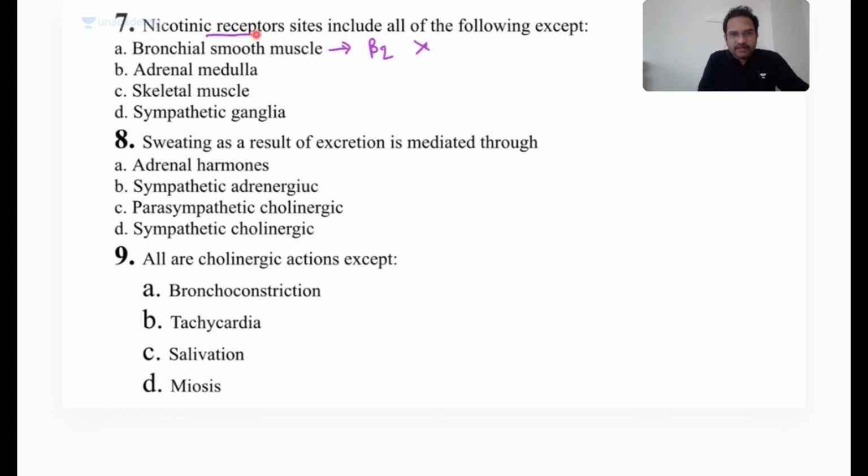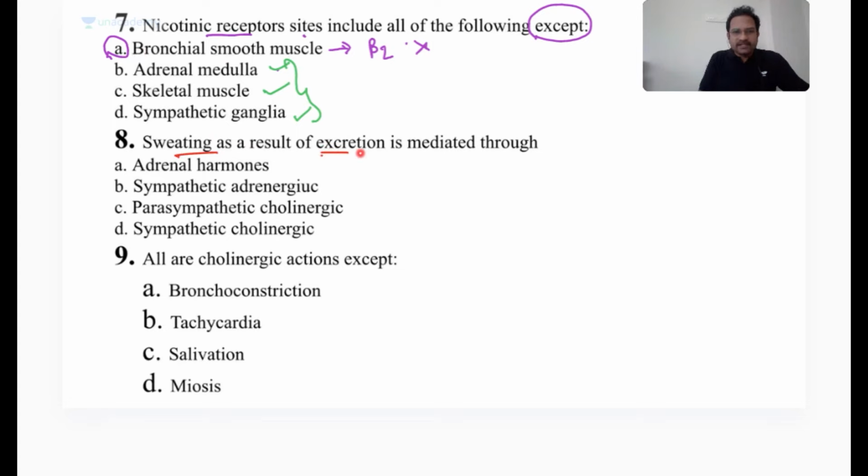So the question asks, nicotinic receptor sites include all of the following except, and here you don't find nicotinic receptors. Now adrenal medulla, yes, you have nicotinic receptors there. Skeletal muscle, we have already seen, has nicotinic receptors. Sympathetic ganglia, all the three contain nicotinic receptors except bronchial smooth muscle. So option A is the correct one.